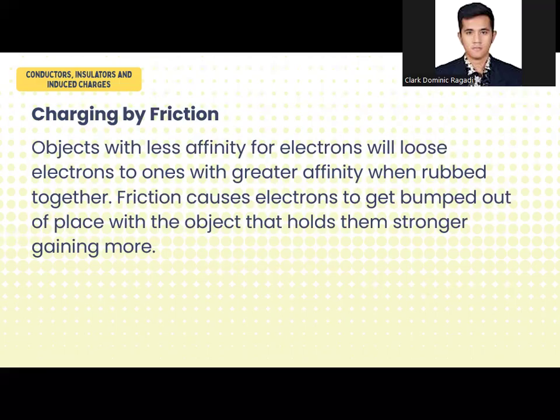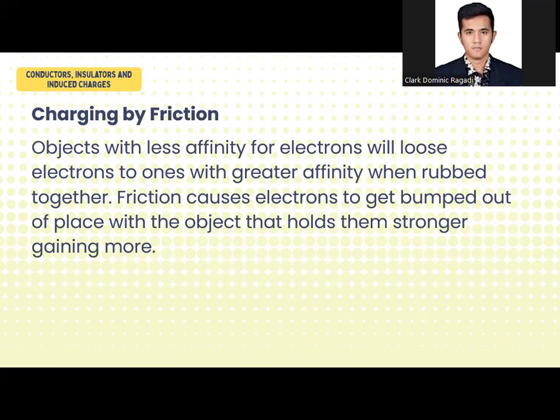So again, the higher the electron affinity, the higher the number of electrons. When you rub a material with low affinity and one with high affinity, the electrons from the low affinity material will travel to the material with high electron affinity, making the low electron affinity material positive and the higher electron affinity material negative.